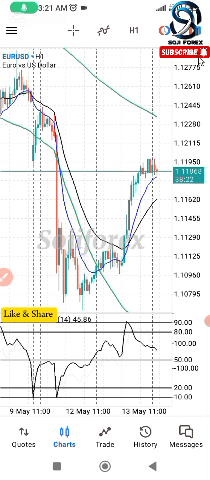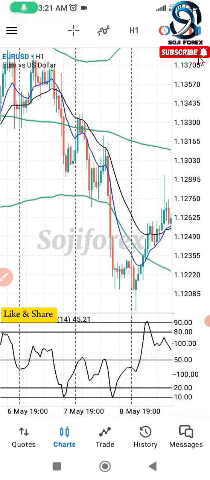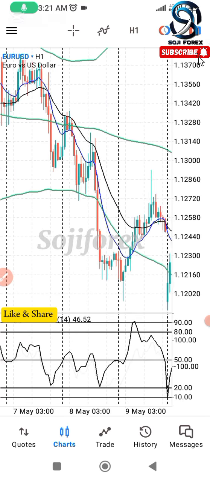So if you have done your setup correctly, your chart will be looking exactly like mine. Now, this is not peculiar to only this indicator setup. Regardless of any moving average you are using, this is applicable.